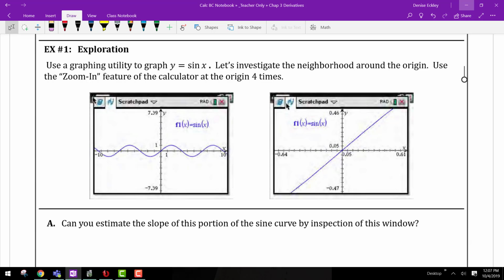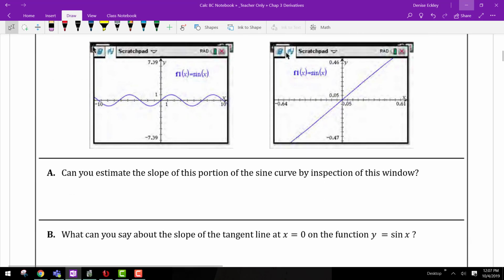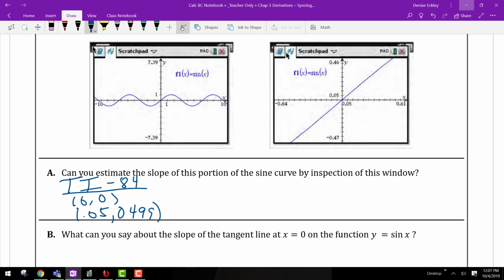I can just write that down then. On the 84, I had the 2 points 0, 0, and 0.0499, 0.05, and when I find the slope, I get approximately 1.